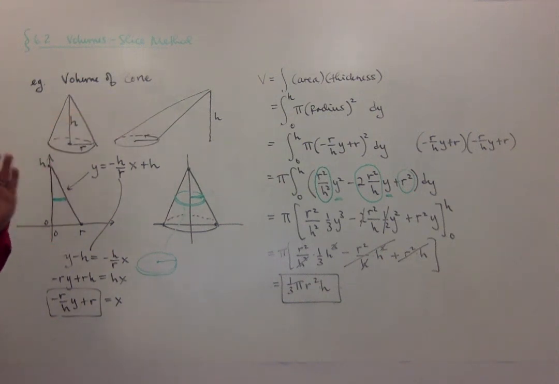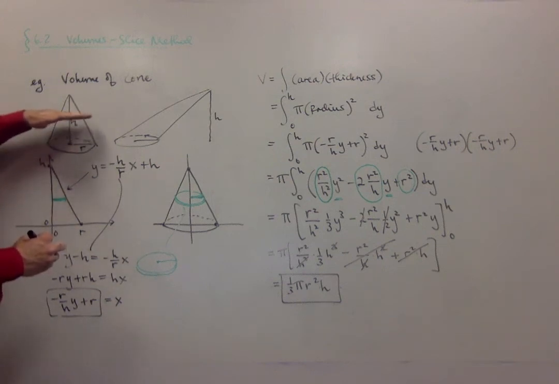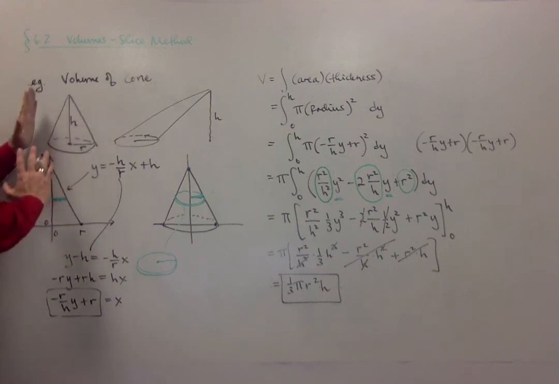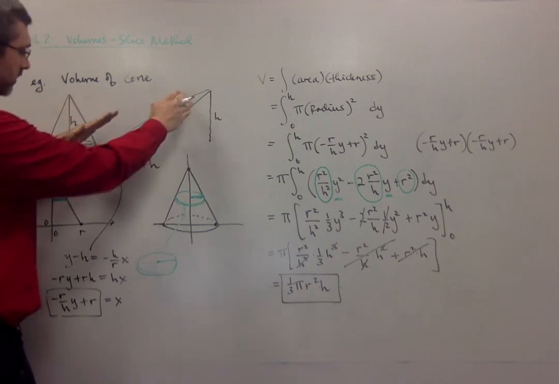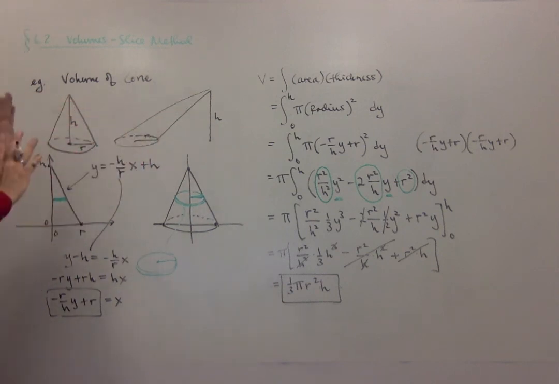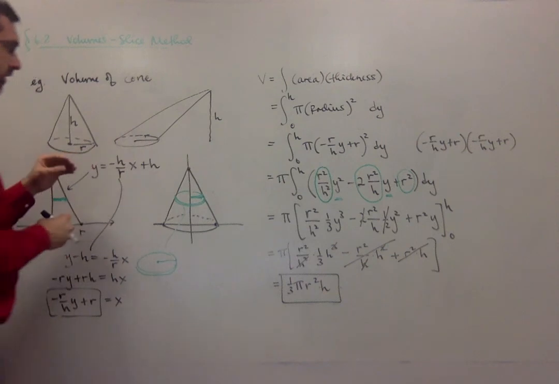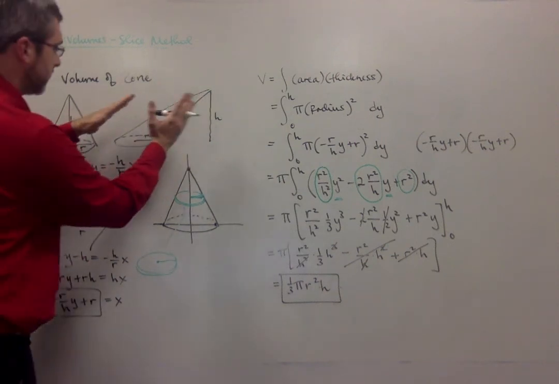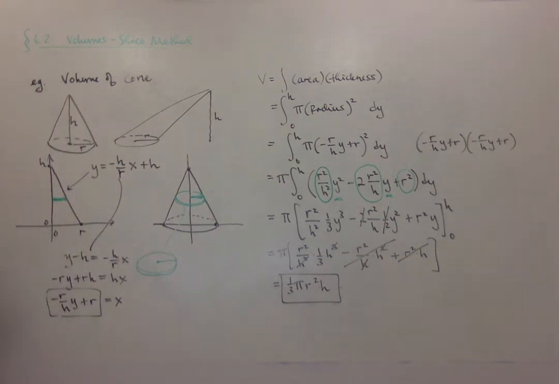And the easy way to think about that is that if you sliced this cone up like a bunch of pieces of salami, and then you took your hand and shoved it over, you didn't change the volume, you just changed where the slices were. You would get this figure over here. If you imagine slicing this up and shoving all the salami pieces into one so they're upright, it would look like this.